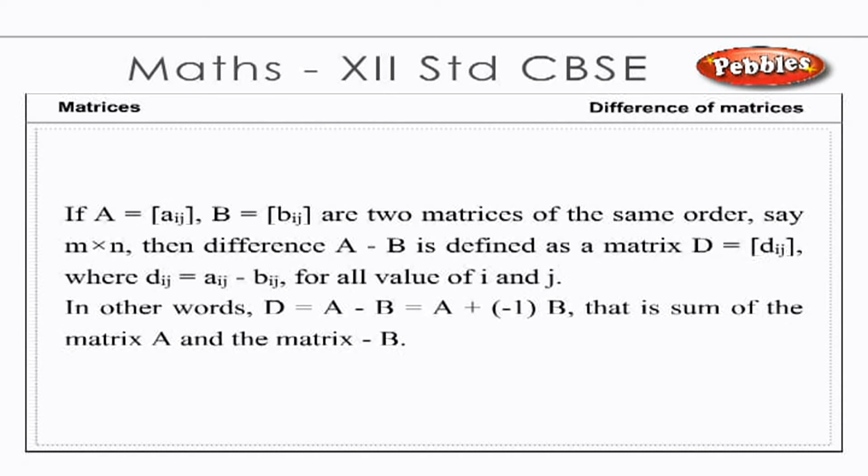In other words, D = A minus B is equal to A plus minus 1 into B. That is, the sum of the matrix A and the matrix minus B.